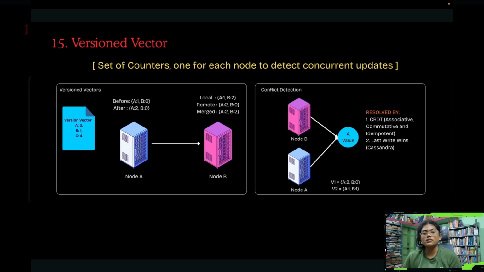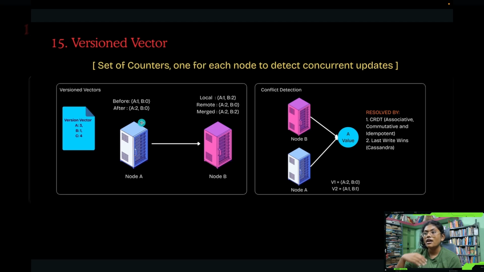And the last concept, version vectors. These are a set of counters, one for each node, to detect the concurrent updates. In the version vectors, we will be having a series of nodes with the updated version numbers. For example, here A equals 3 means there were 3 updations that happened on node A, and similarly for B and C. So for example, in node A, before updation, A is 1, B is 0.